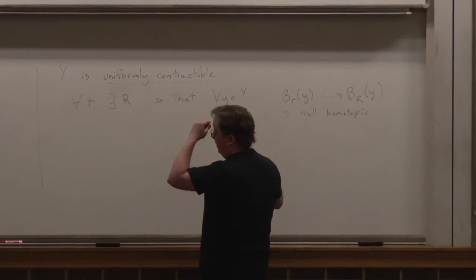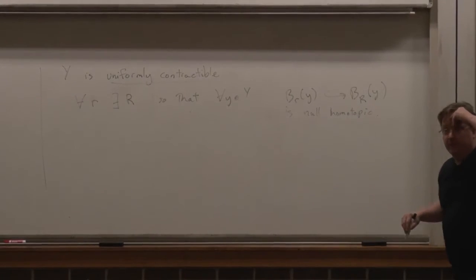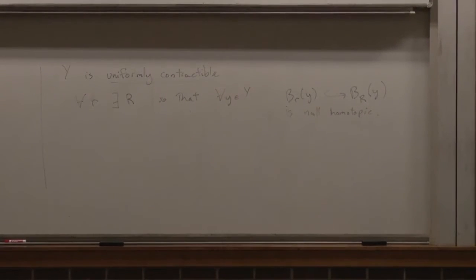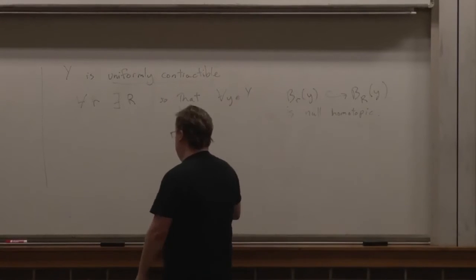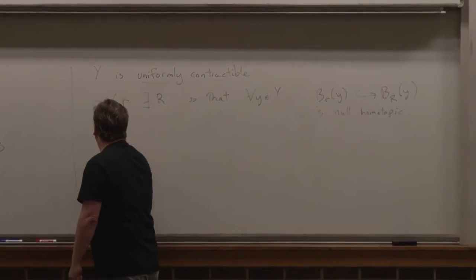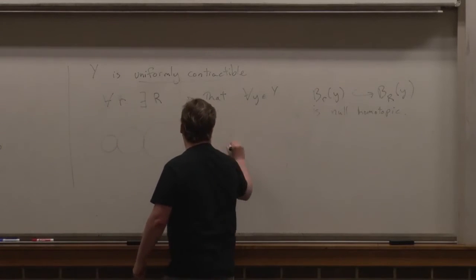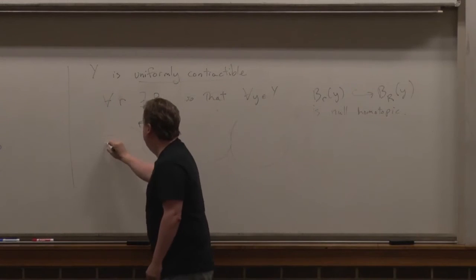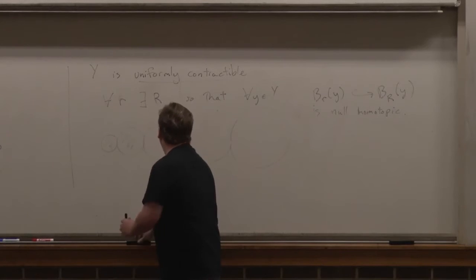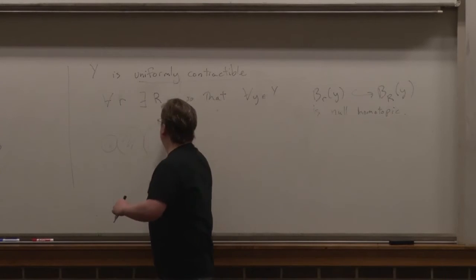So this is a property that a space, of course, may or may not have. In particular, it implies it's contractible. So, but an example, two examples to keep in mind maybe. It's a different issue.